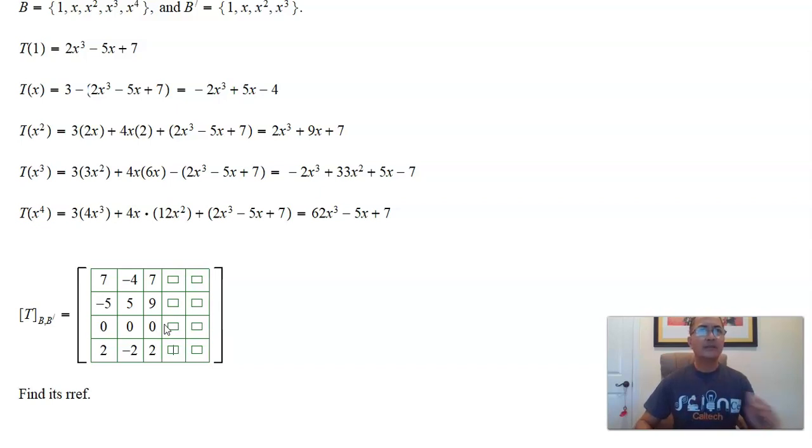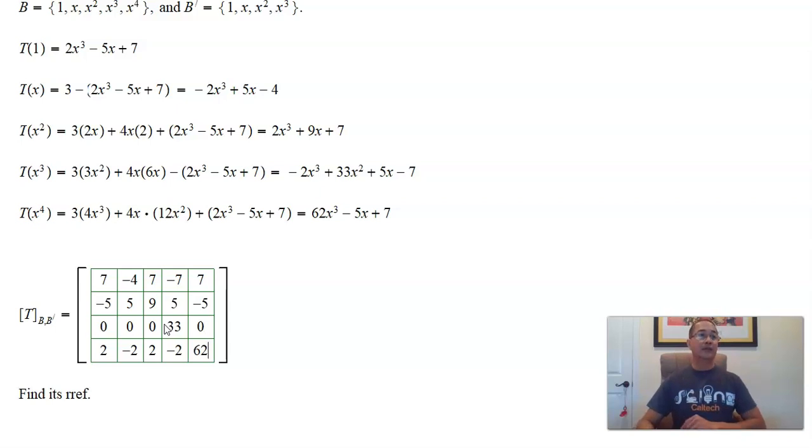X squared is getting cheaper. Okay, x cubed. Oh, finally, there's an x squared. It recovered. -7, 5, and then 33, and then -2. Okay, last column. 7, -5, back to 0. Poor x squared, and then 62 for the x.